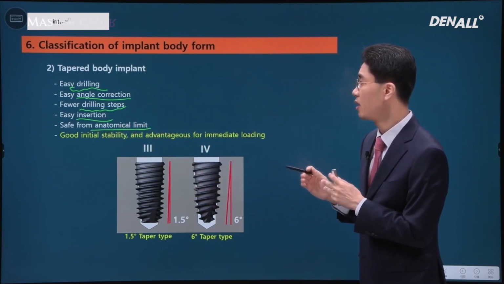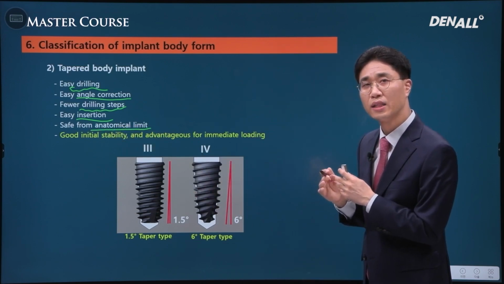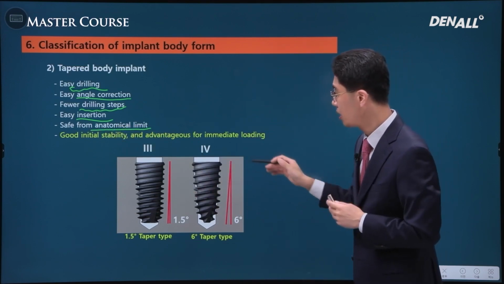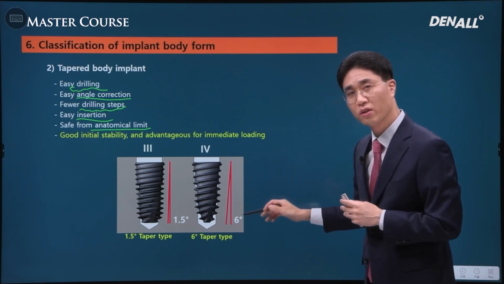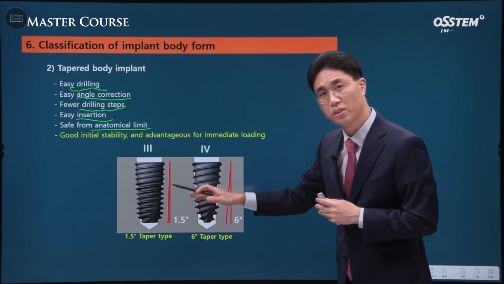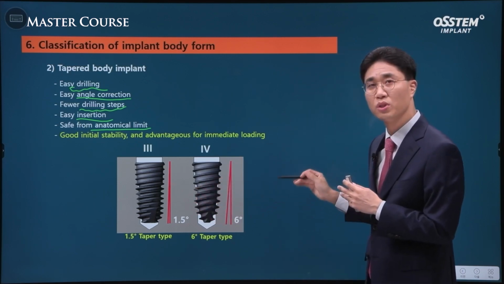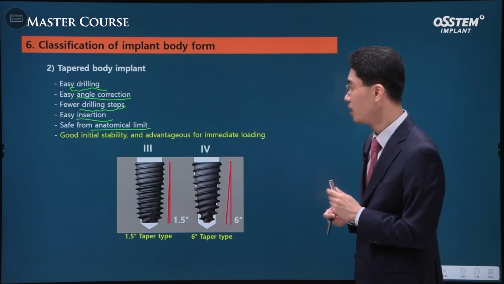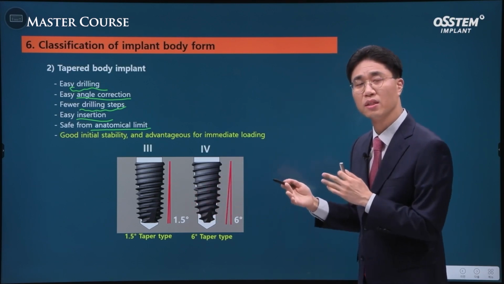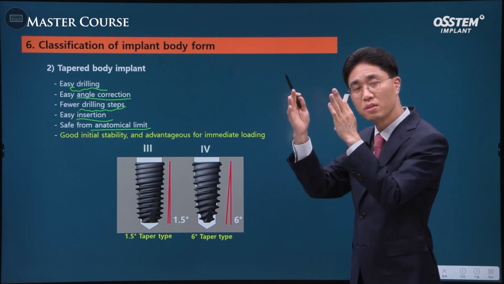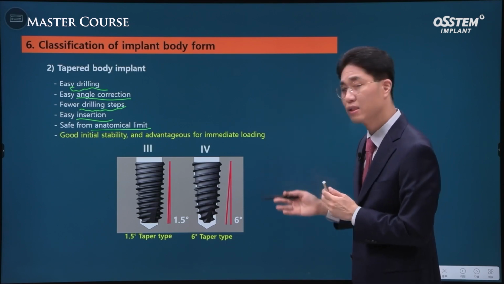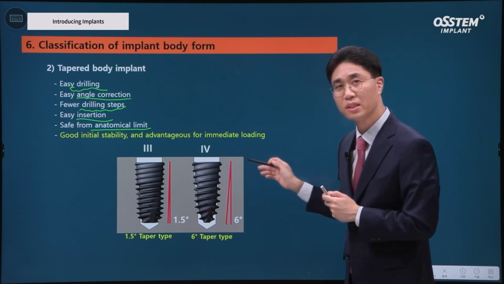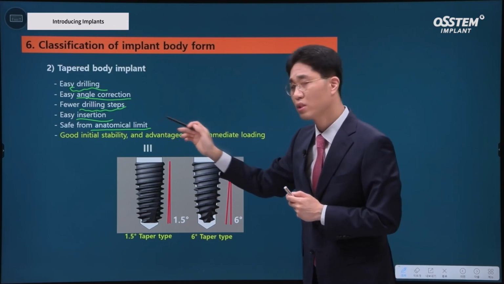It is comparatively more safe. For instance, if there's natural tooth root or inferior alveolar nerve or sinus, compared with a straight body implant, if the implant is tapered, we will be able to avoid damage to anatomical structures in placing implants.